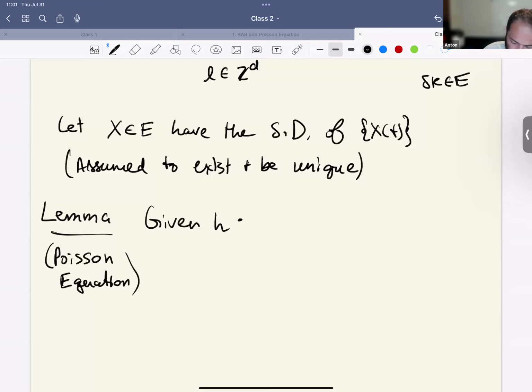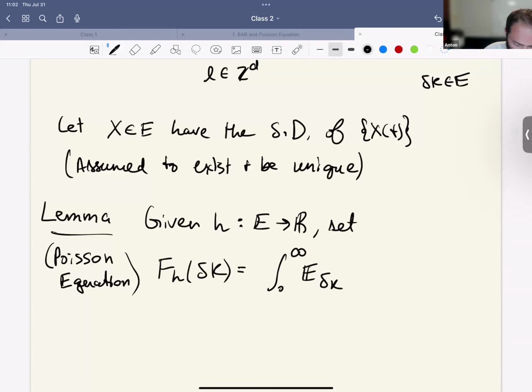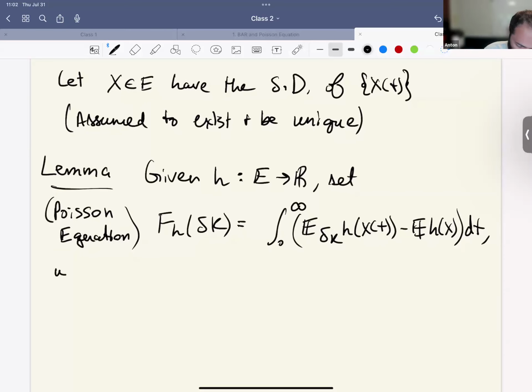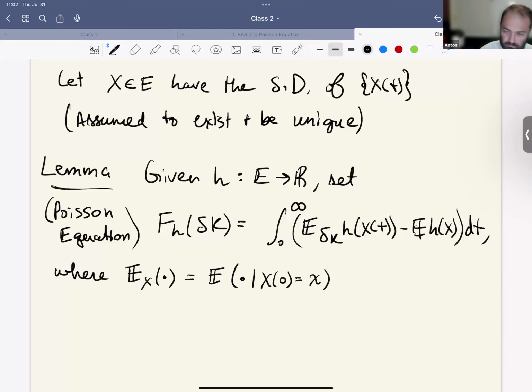Given some test function h, set this important object, delta k, h of x of t, where, so this is probably familiar to people, but whenever I use such a subscript on the expectation, what I really mean is that this is conditional on the initial value of the Markov chain.